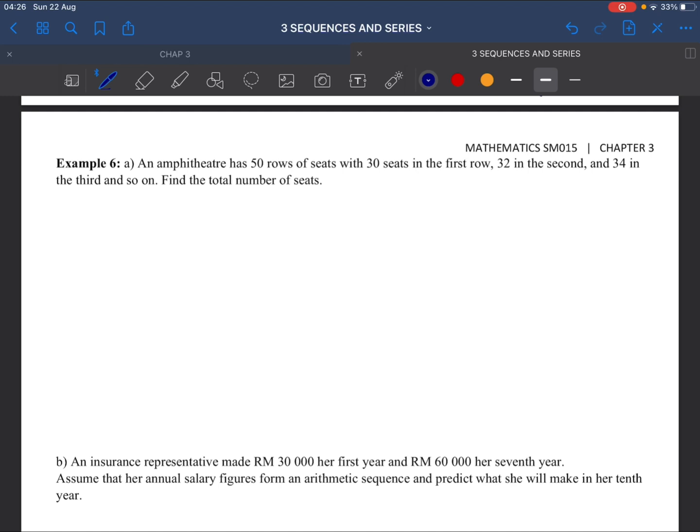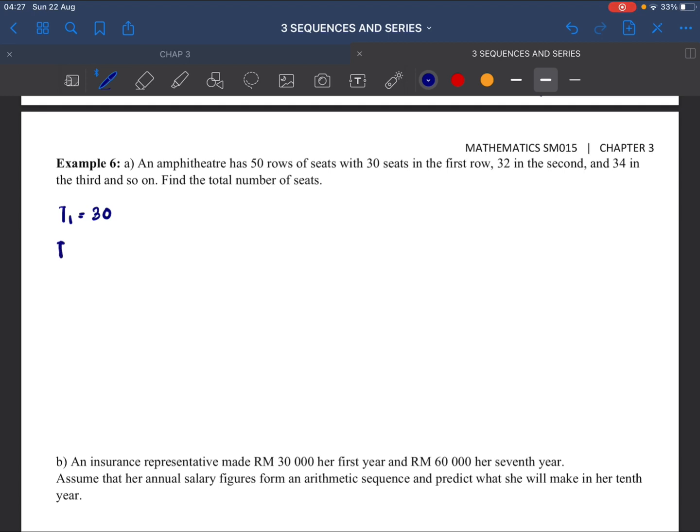We have the question: an amphitheater has 50 rows of seats with 30 seats in the first row, 32 in the second, and 34 in the third, and so on. Find the total number of seats. The question doesn't state that it is arithmetic or geometric. So let's see. The first row is T1, which is 30.